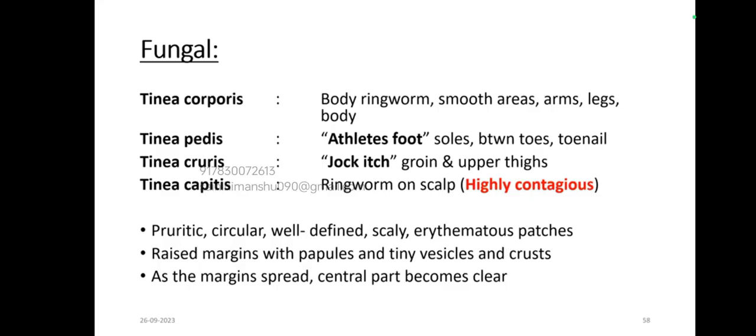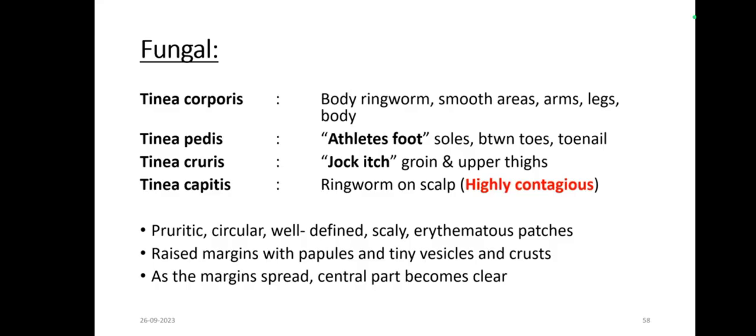Next comes tinea corporis, which is seen all over the body. Tinea lesions, we have already seen the photographs, and we usually call it ringworm. If it occurs on the legs, it is called tinea pedis. Another condition is intertrigo, which affects between the fingers of the hand or foot, and tinea cruris, which occurs on the groin and upper thigh region.